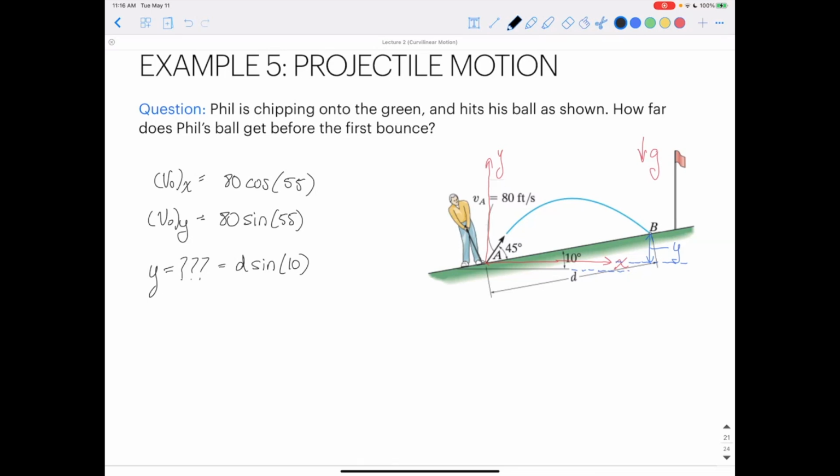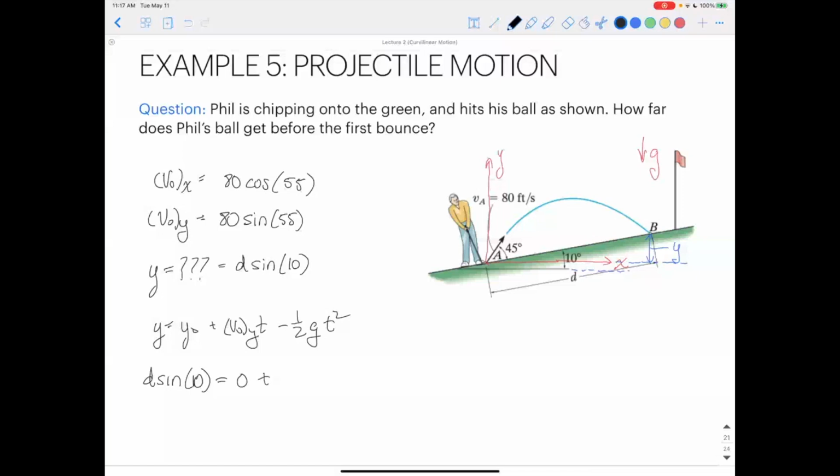So let's write our equation. y is equal to y0 plus v0y t minus 1/2 g t squared. So we'll set this up. y now is d sine 10. We'll say y0 is 0.